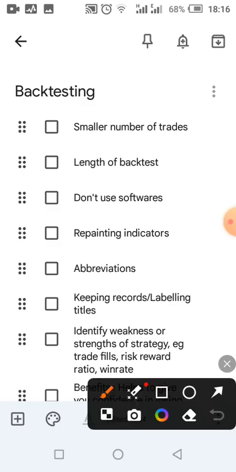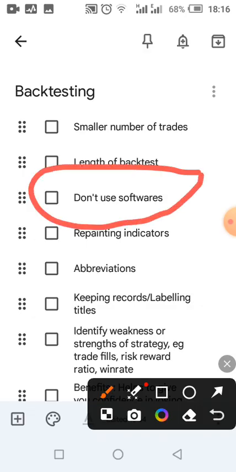Now, when backtesting, also try to avoid using backtesting softwares which you will see being promoted on the internet, unless the trading strategy is one which can be programmed well into the backtesting software.